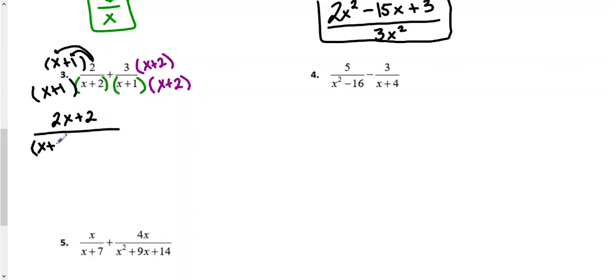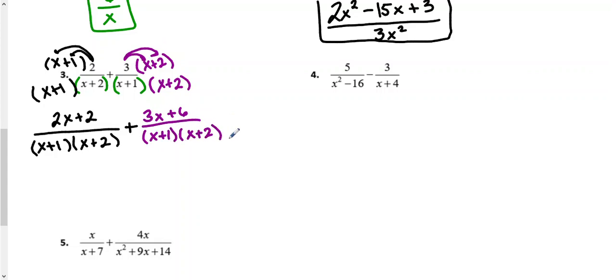We're just going to leave it as x plus 1 times x plus 2. Carry your plus sign down. Again, distribute the top. We have 3x plus 6 over x plus 1 and x plus 2.